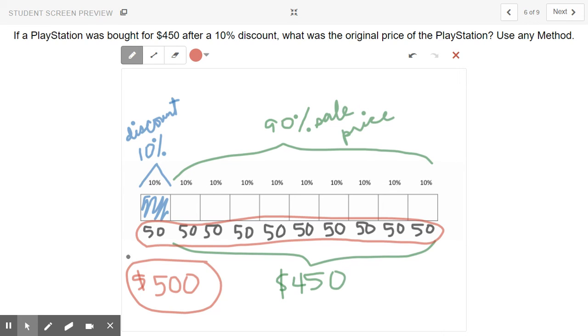So the 90% is what the customer actually paid from the original price, which is $450. All I did is 450 divided by 9, and I realized it equals 50 for each box, and I had to fill in all the way down 50. That means the original price was $500.